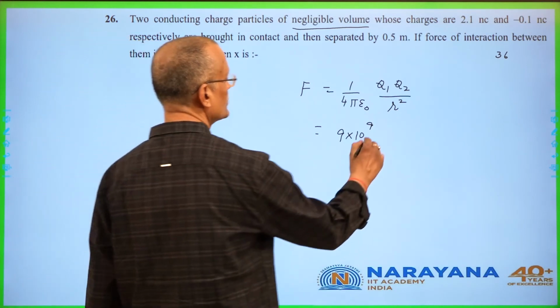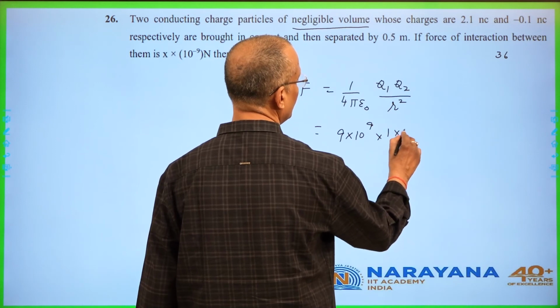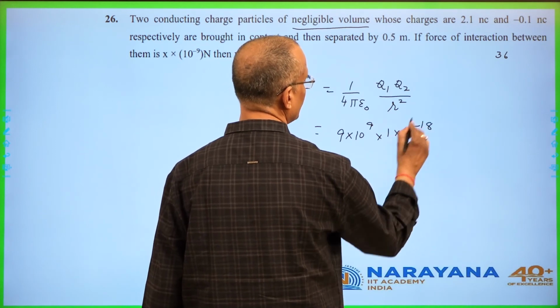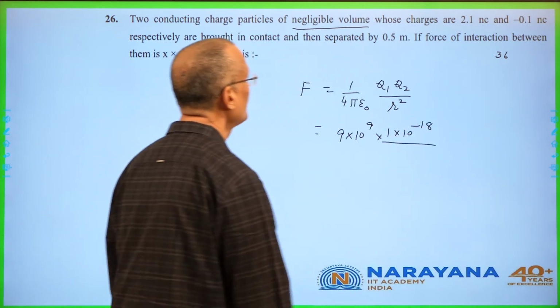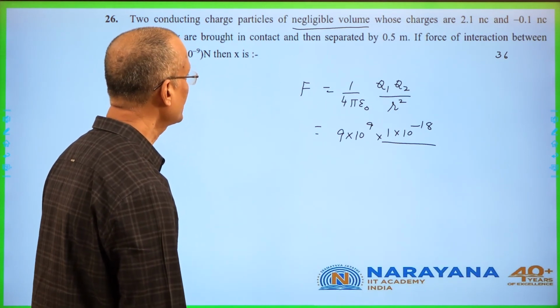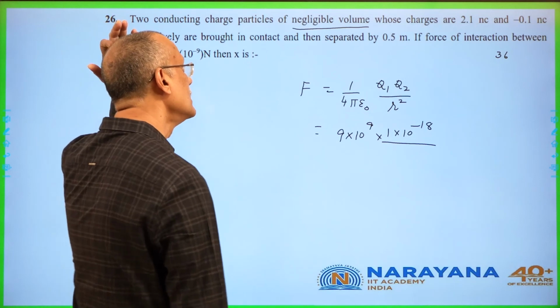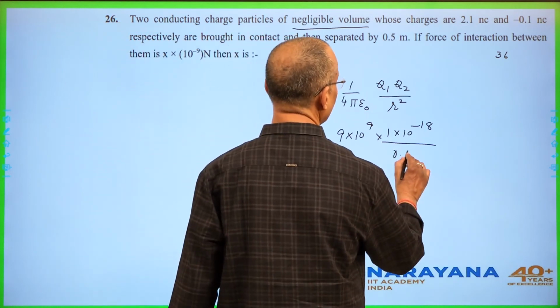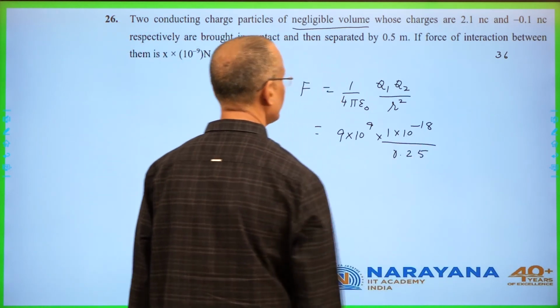So it is 1 10 to the power minus 18, and R is 0.5 meter. If you are taking 0.5 meter, R square will become 0.25.